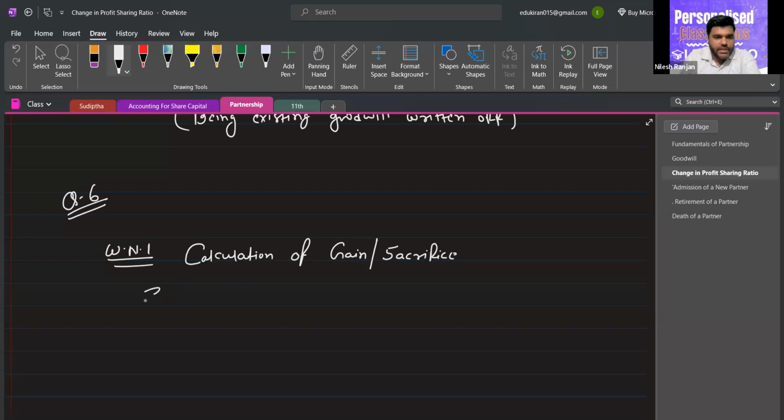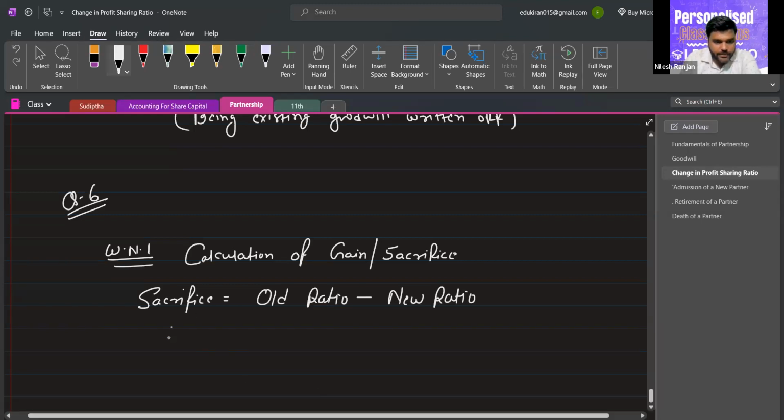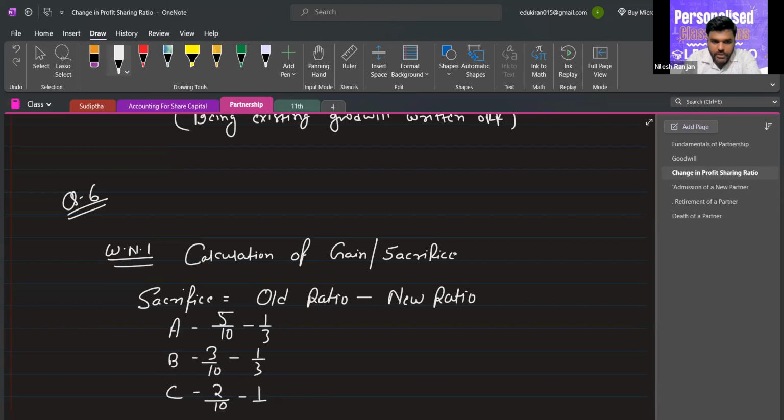Sacrifice equals old ratio minus new ratio. There are 3 partners, A, B, and C. The old ratio was 5/10, 3/10, and 2/10, minus 1/3, minus 1/3, and minus 1/3.